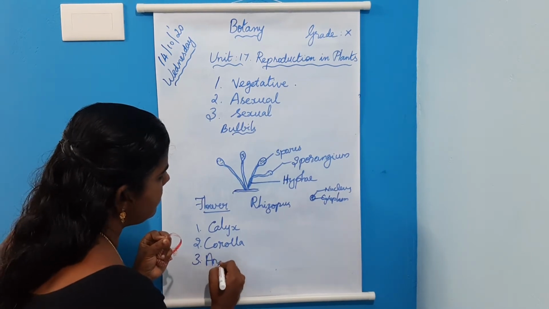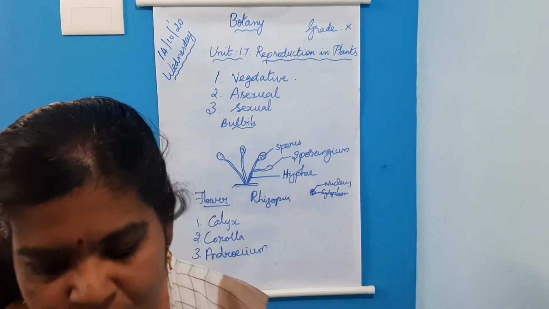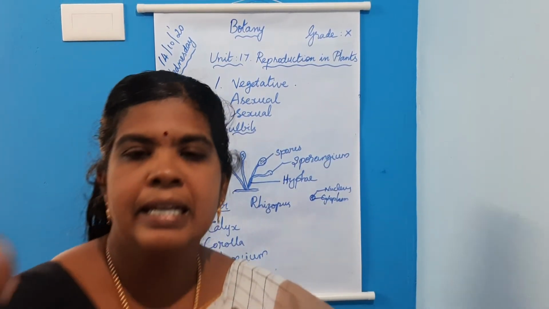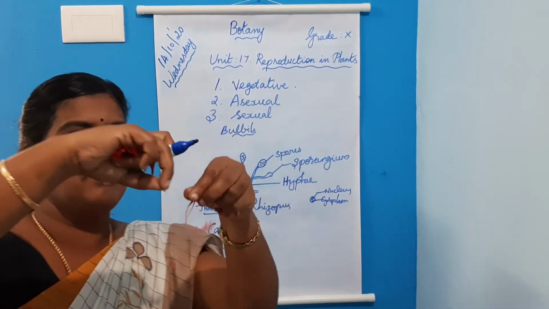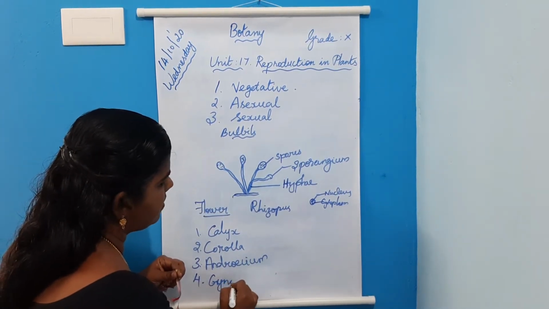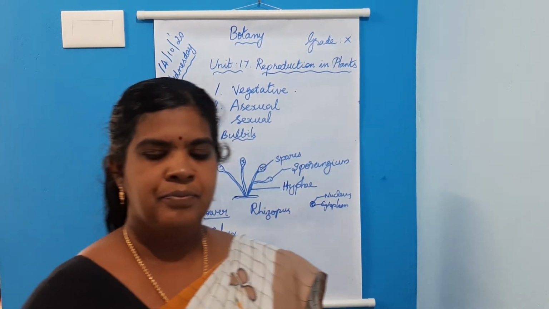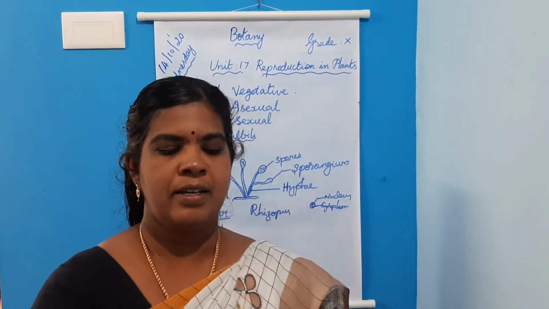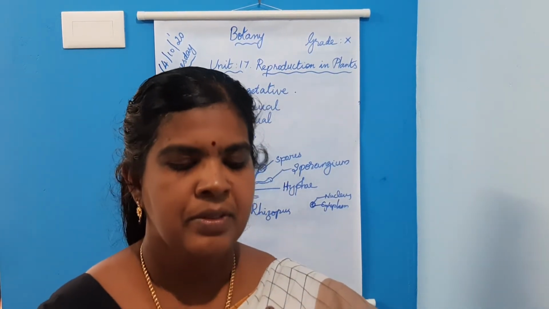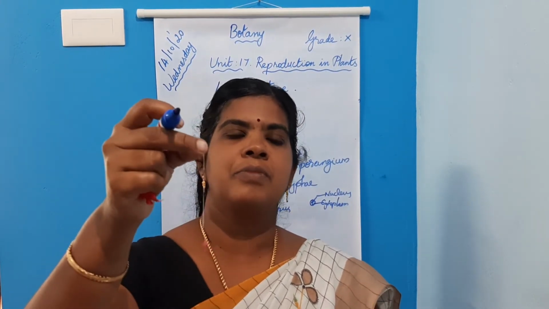The third one is the androecium, and the fourth one is the gynoecium. These are the 4 floral parts: calyx, corolla, androecium, and gynoecium.